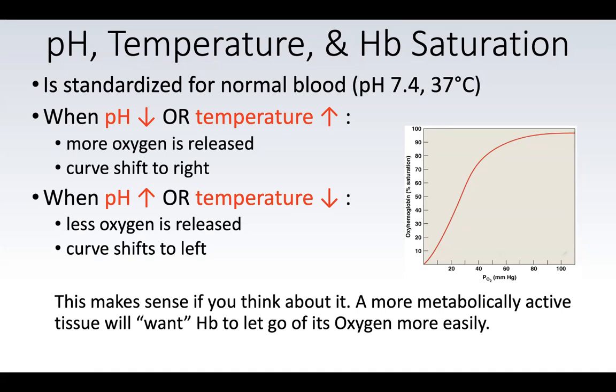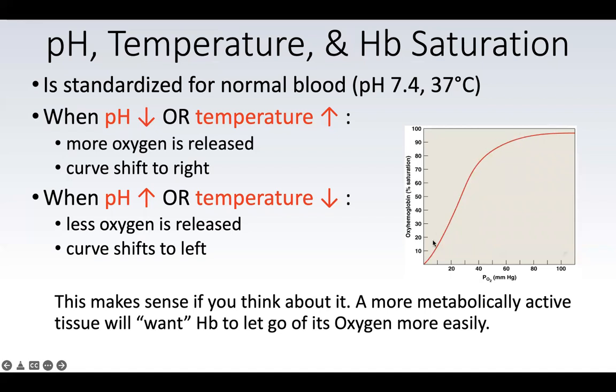So when you've got a decrease of pH, so the pH of blood decreases significantly below 7.4, or if the temperature of the body, like during exercise, increases, you're going to have more oxygen being released from hemoglobin, which essentially is a shift to the right curve when it comes to the saturation curve.